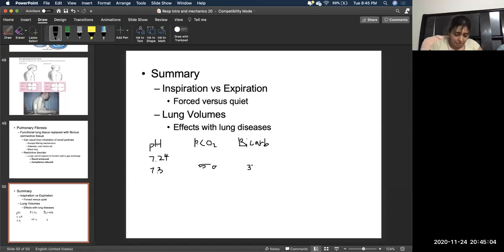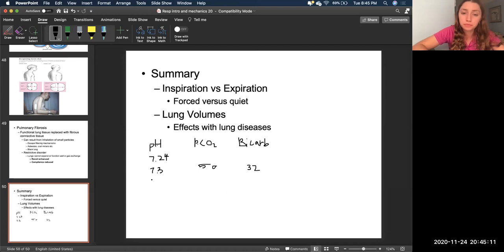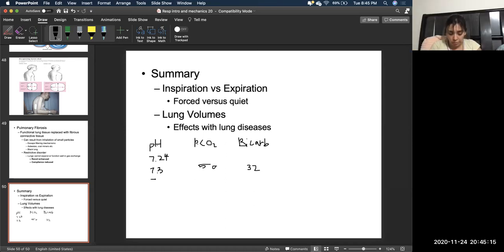That's one of them. We have a lot of examples if you want them. For example, for the pH 7.1, then CO2 40, and then bicarbonate 20.